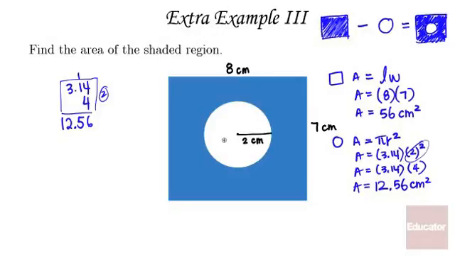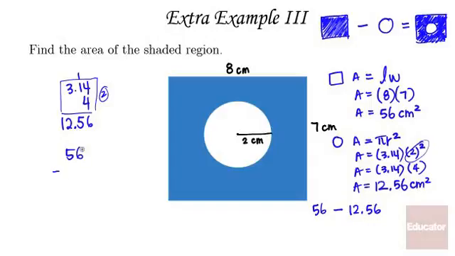So I need to take away the circle, right, from the rectangle. So it's going to be 56 minus 12.56. So I need to do that. 56 minus, and remember when you subtract decimals, you have to line them up.